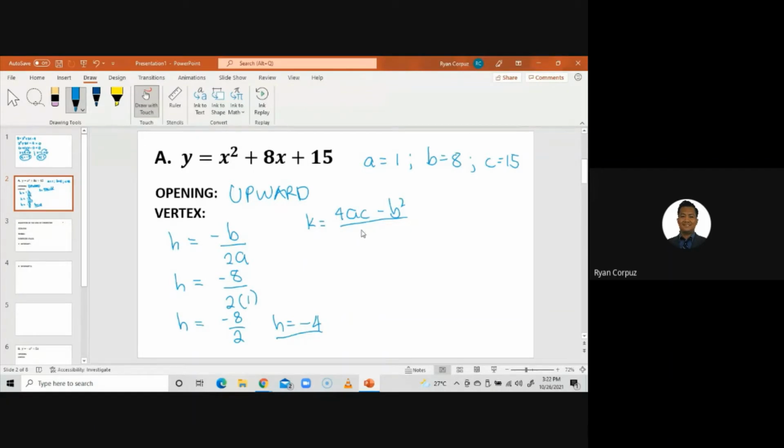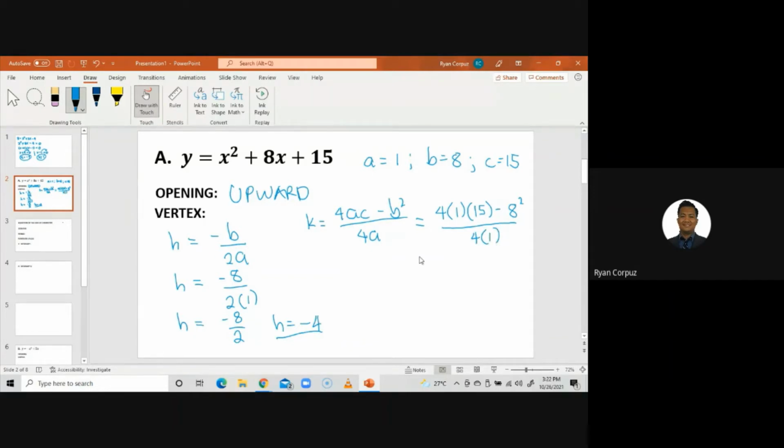So ang gagawin lang natin, we simply substitute the values of A, B, and C to this formula so we can come up with the value of K. So that would be 4 times the value of A, which is 1, times C, which is 15, minus B, which is 8. That would be 8 squared, all over 4 times 1, which is the value of A.